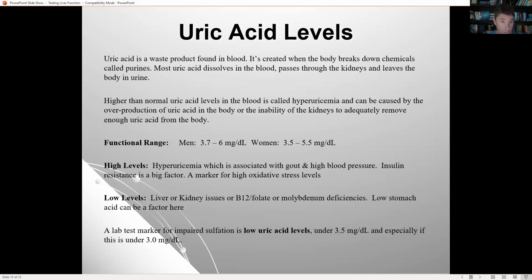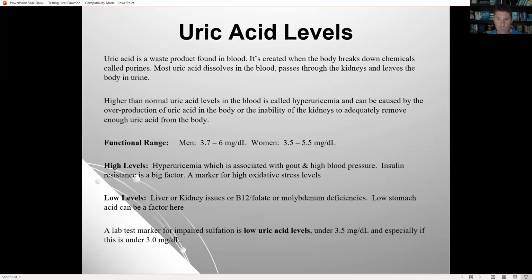So uric acid goes out in the urine, right? It's what makes urine. And so your functional range, we can test this in your blood and see how much uric acid is in your blood. For men, it should be between 3.7 and 6 milligrams per deciliter. Men are going to have a little bit more than women. Women, 3.5 to 5.5. If you have high levels of uric acid, typically that's a marker of insulin resistance and high oxidative stress in the body.